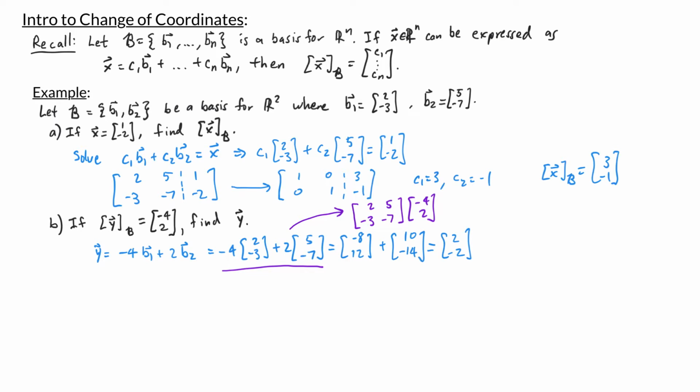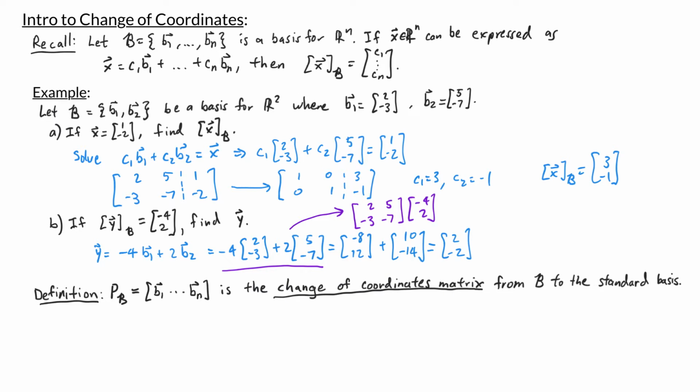Looking at the matrix there, we see that it's the matrix containing the basis vectors as columns, right? We have b1 as the first column, b2 as the second column. And the vector that we're multiplying, that's the B coordinate vector for y. So again, to find the standard coordinates for y, we took the matrix containing the basis vectors as columns, and we multiplied it by the B coordinate vector for y.